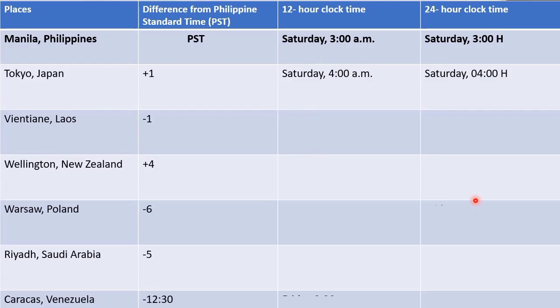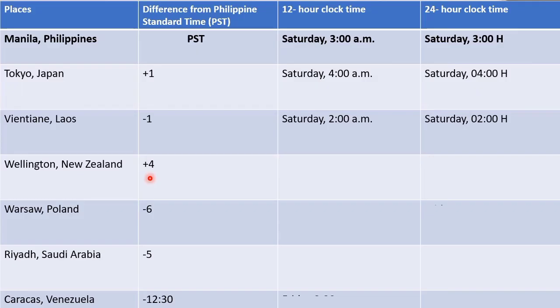So, 3 minus 1 is 2. Saturday, 2 a.m. And sa 24-hour clock time, ikakopy lang natin si 2 a.m. Mag-a-add lang tayo ng 0 sa unahan and then si a.m. papalitan lang natin ng letter H. So, Saturday, 0200 hours.